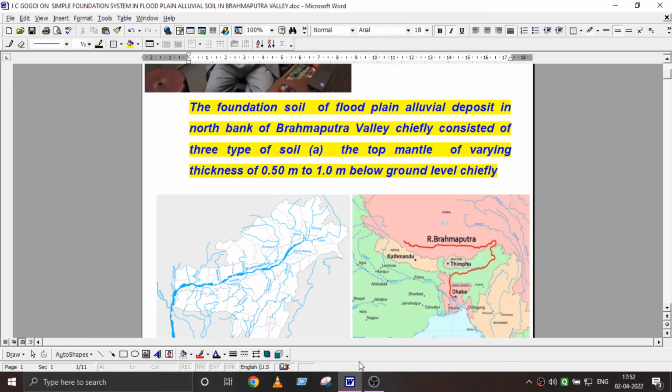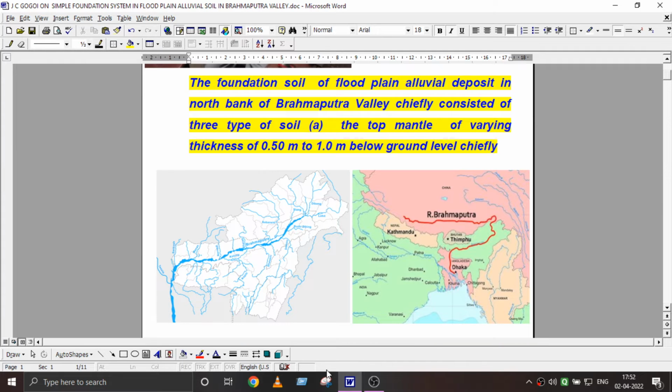Before starting my topic, I want to show the map of Brahmaputra Valley. This is the Brahmaputra Valley, this is North Bank, and this is the South Bank.